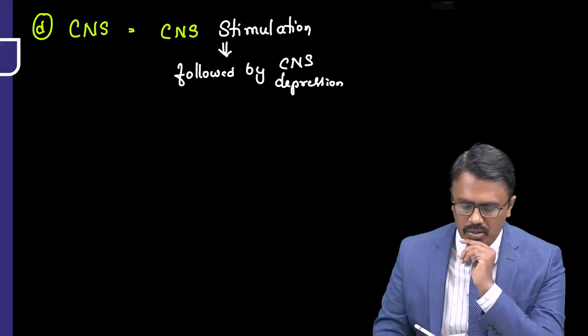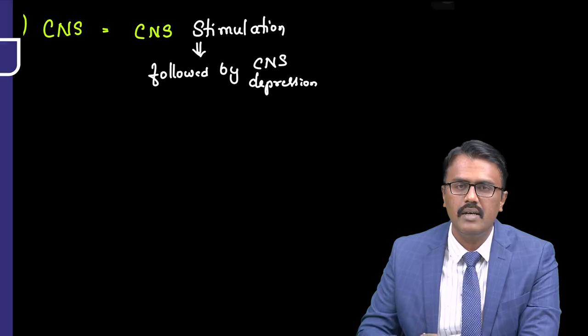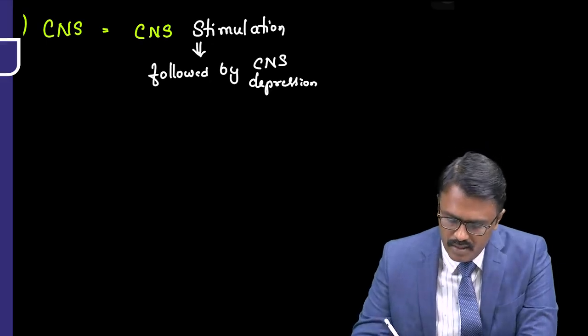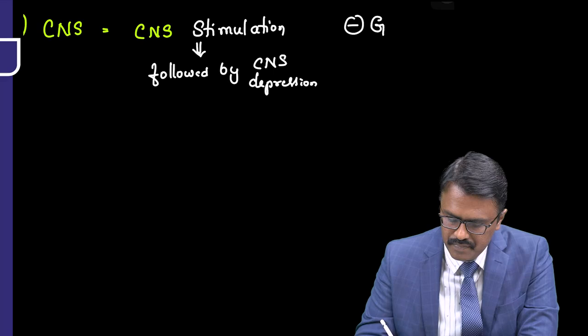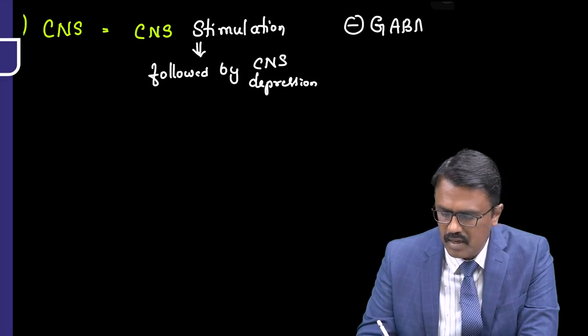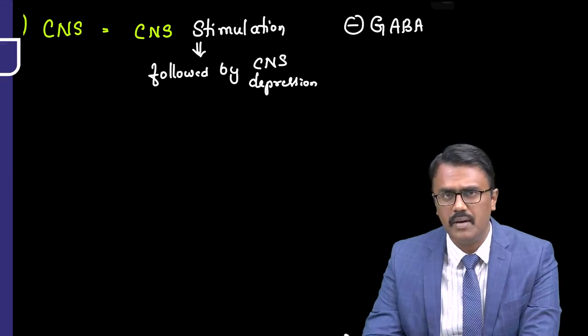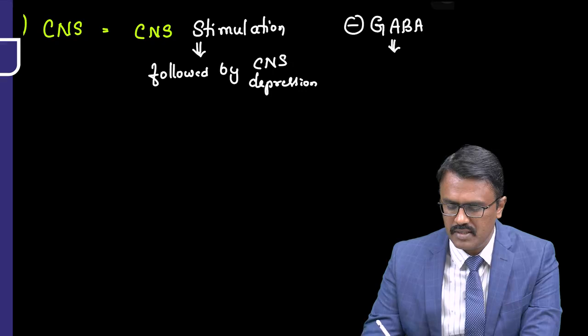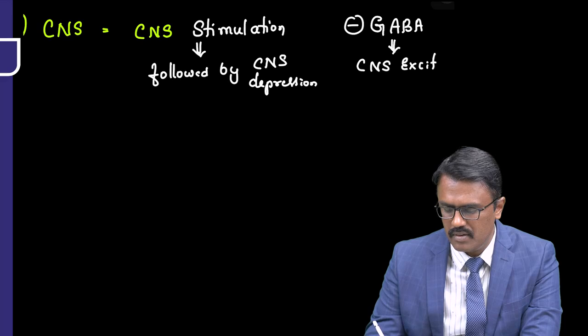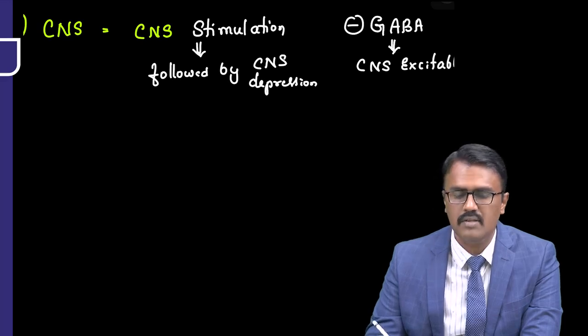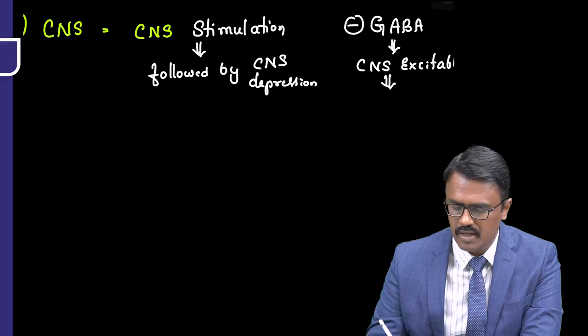So how do they do that? Number one, first of all, they inhibit the action of GABA. Now you know what is GABA? GABA is an inhibitory neurotransmitter. Now what happens if you inhibit GABA? The CNS becomes excitable. And what happens if CNS is excitable? Patients will have seizures.